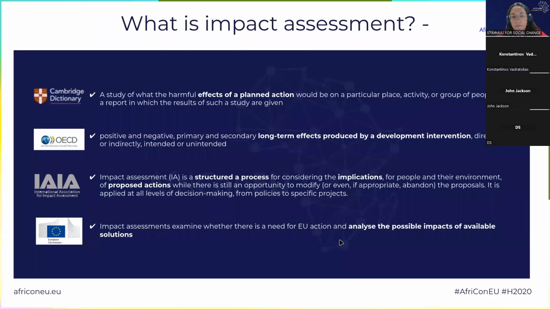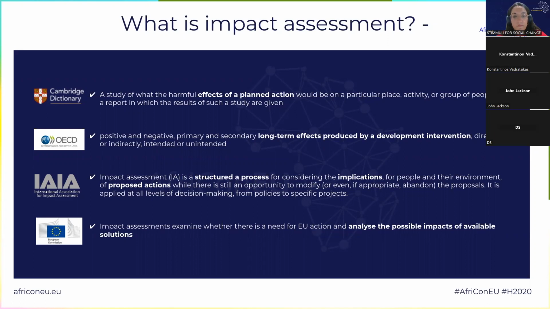As you can see on this slide, there have been various attempts to define impact assessments, four of which are included here. Definitions vary depending on the objectives of each impact assessment endeavor. For instance, the IAIA adopts a definition that allows room for reconsidering or even abandoning some aspects of the intervention, while the EU Commission definition is more focused on evaluating EU policy proposals.